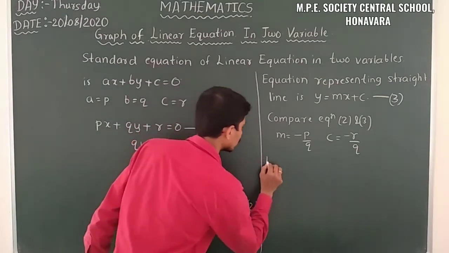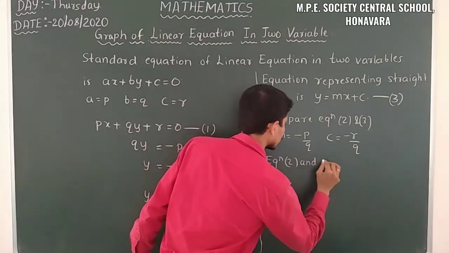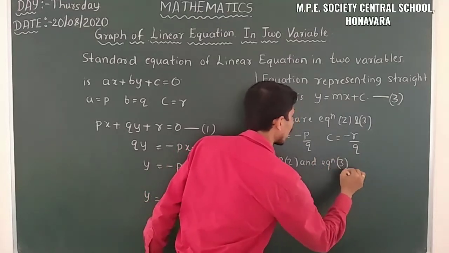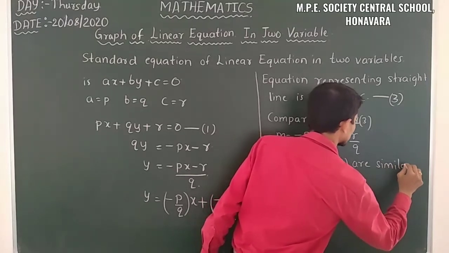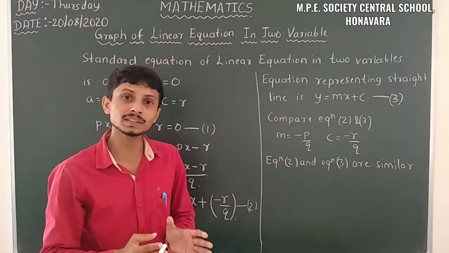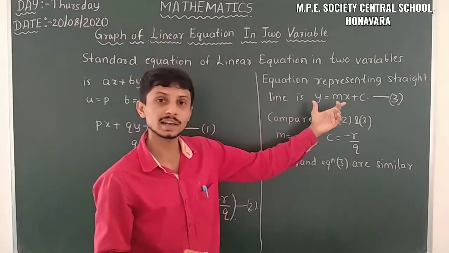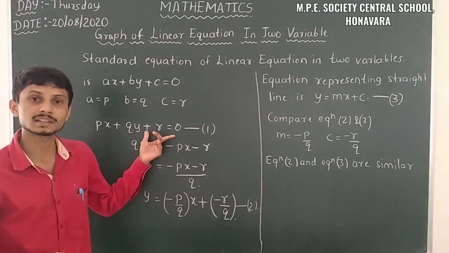So equation 2 and equation 3 are similar. That means this is an equation representing a straight line, and it is also an equation representing a straight line.